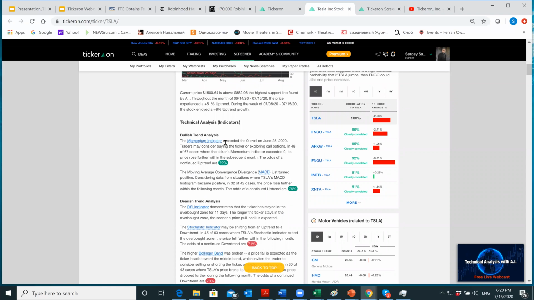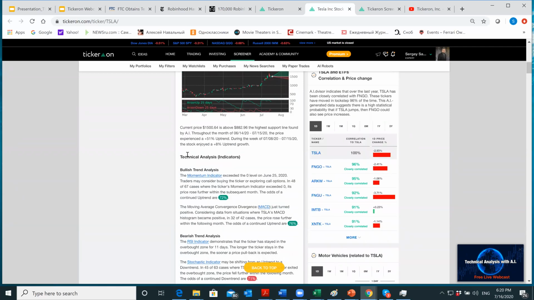Okay, so the momentum indicator exceeds the zero level on June 25th, and the trader may consider buying the ticker or exploring call options in 48 out of 67 cases. So what happened with these 67 cases? That means we found a similar situation for the momentum indicator, and found 67 cases.